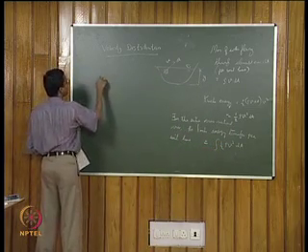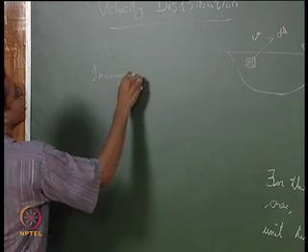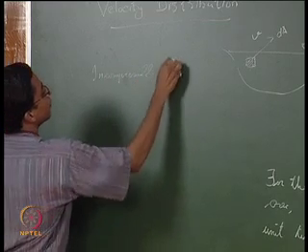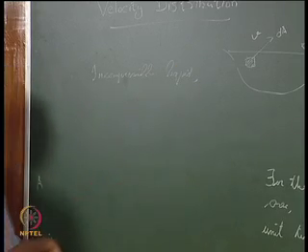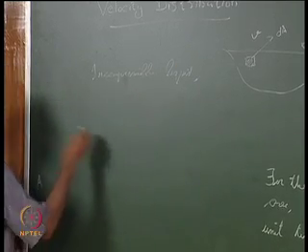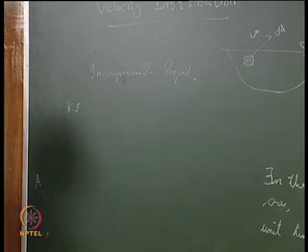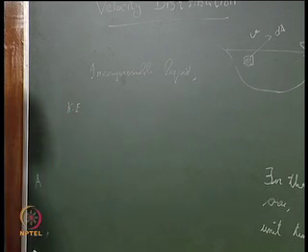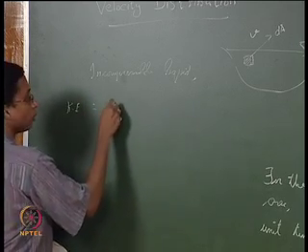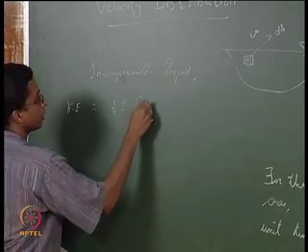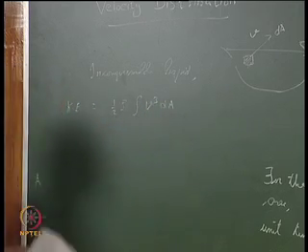Generally, for open channel flows, we are taking incompressible liquid. And in the incompressible liquid assumption, the rate of kinetic energy transfer is equal to half into rho into the integral of v cube dA.